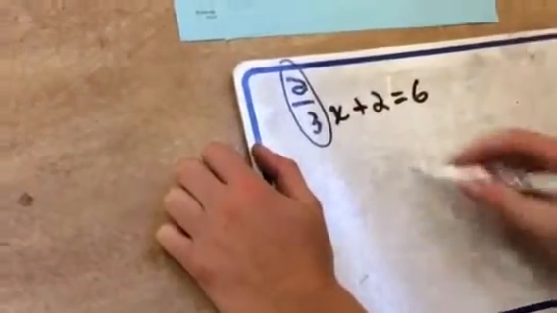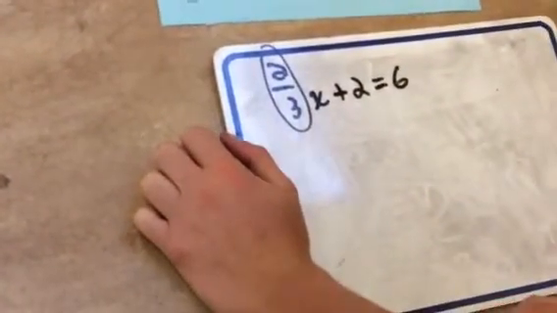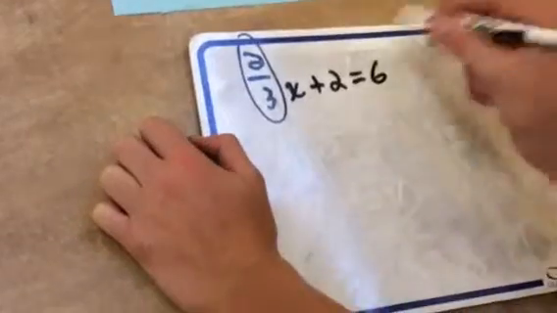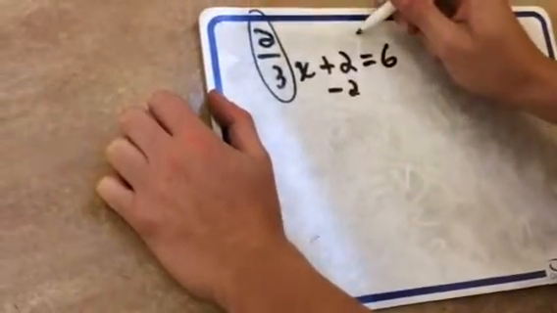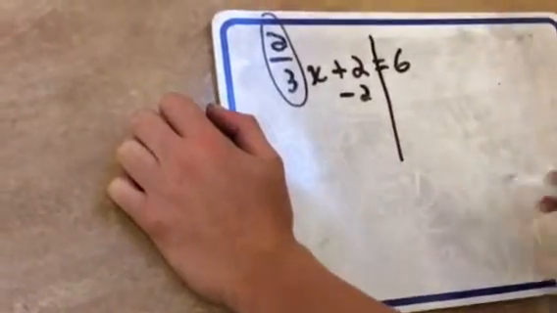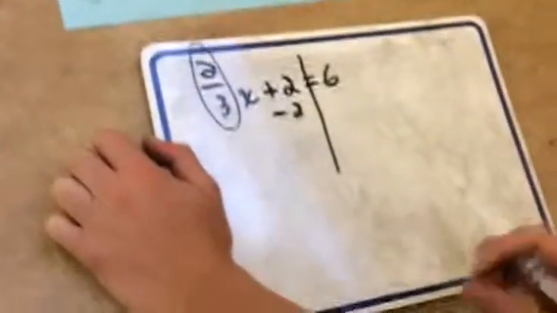So first we would use SADMEG, which is the opposite of PEMDAS, which tells us to subtract the 2. Actually, before that, we could even draw the wall, which separates our problem on both sides of the equal sign, so that we know what's what and what we have to do.